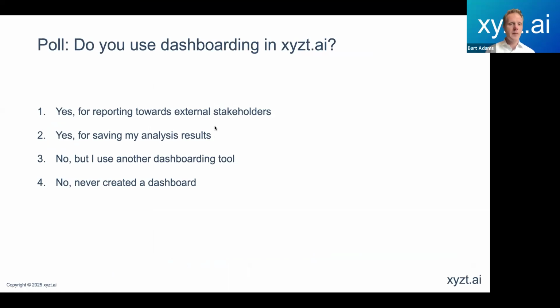Third option is no, but I use another dashboarding tool. And the fourth option is no, I never created a dashboard before. If it's none of those four, you can just leave something in the chat if you like. Otherwise, you can just skip the poll. So I'll wait a couple more seconds for people to answer.